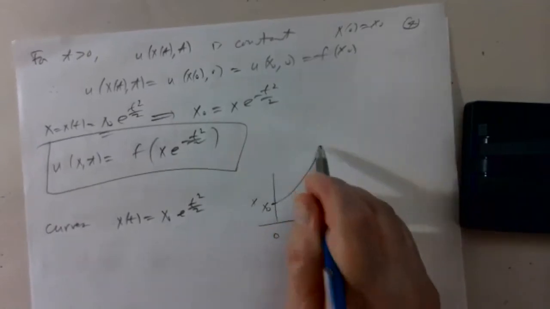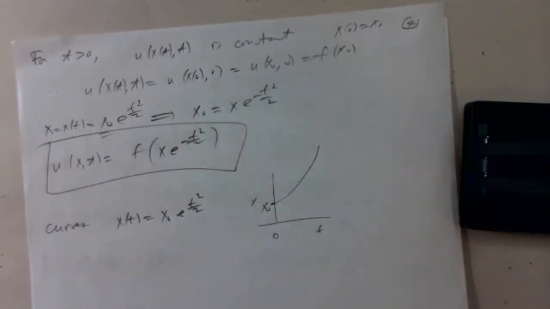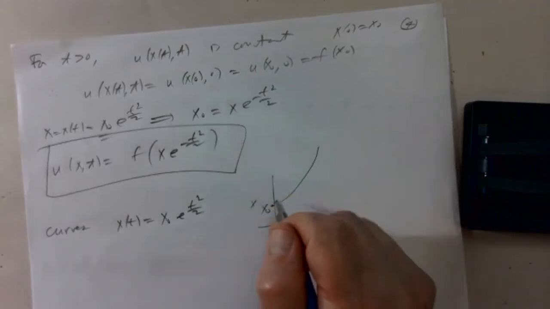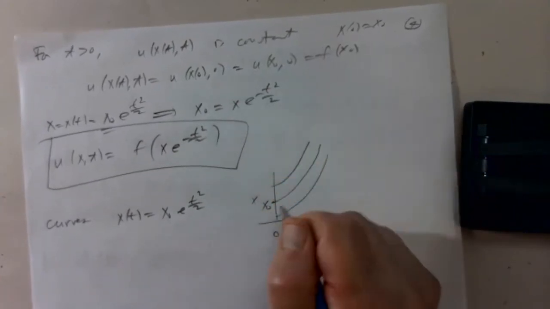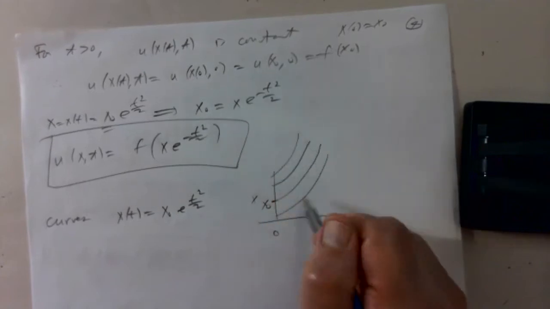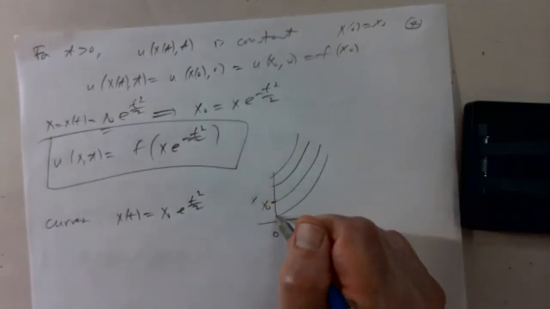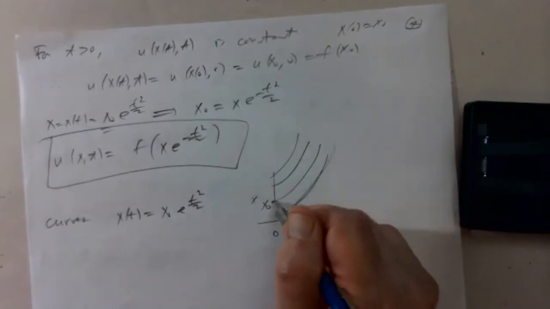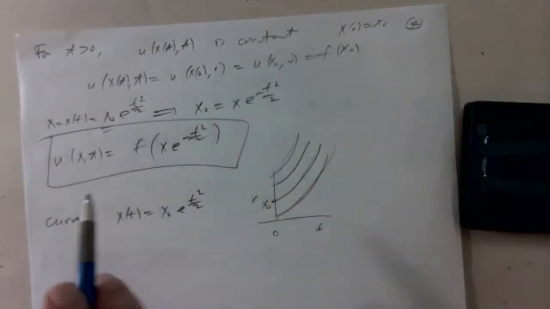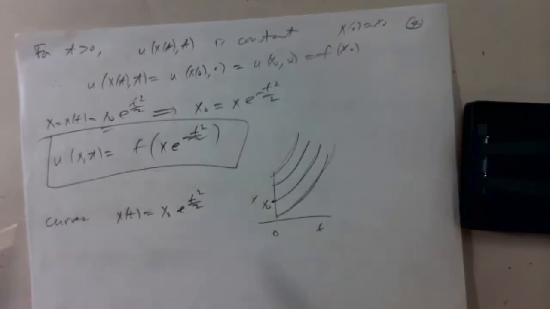And then it just goes up exponentially. And so for every possible value of x naught, we have this family of exponential curves. The solution of the differential equation is constant on these curves, and it's equal to exactly this.